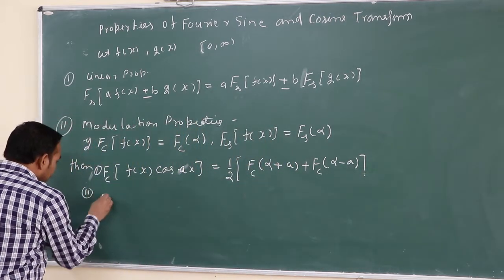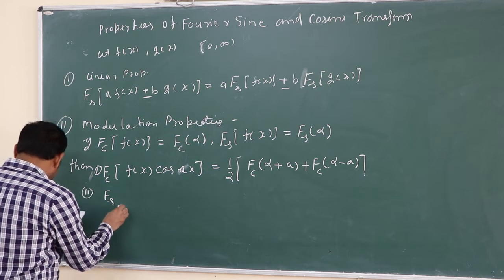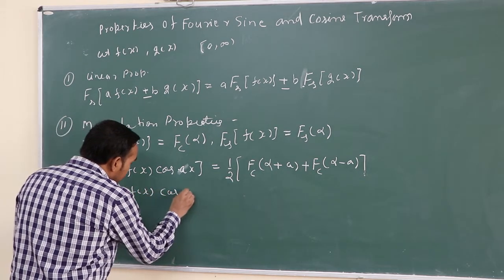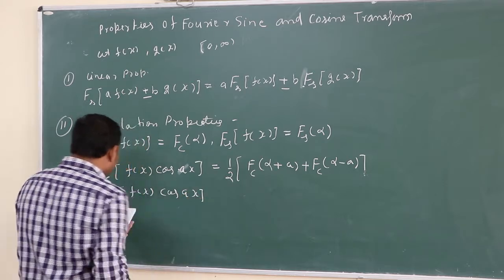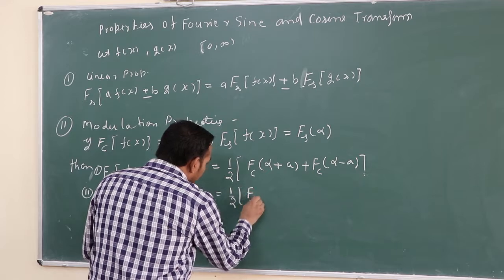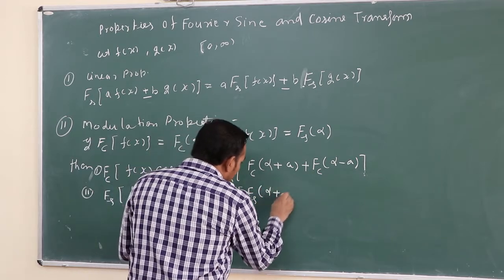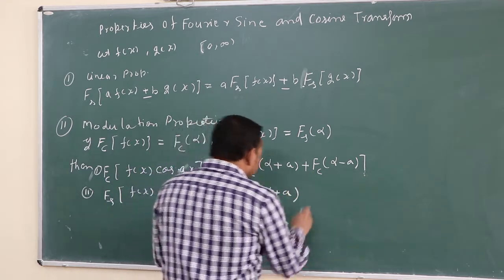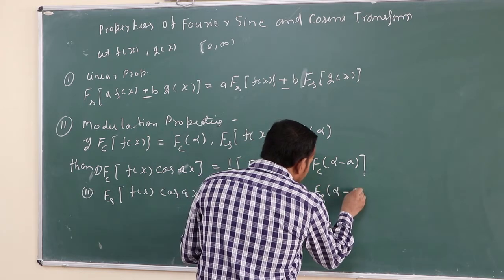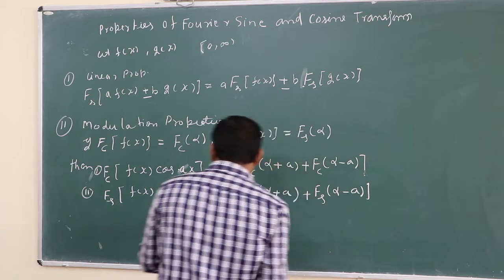Second, the Fourier sine transform of f of x cos ax is half of Fs alpha plus a plus Fs alpha minus a.